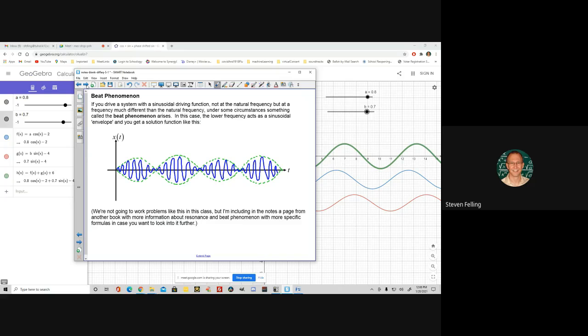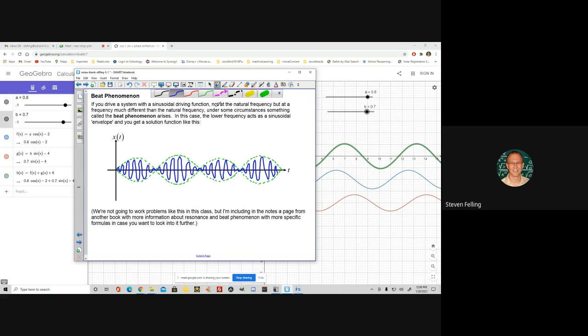Okay, there's another thing which can occur. I'm not going to go into a lot of detail here, but it's called the beat phenomenon. When you drive a system very near its natural frequency, you can, without damping, get resonance and an increase in amplitude.